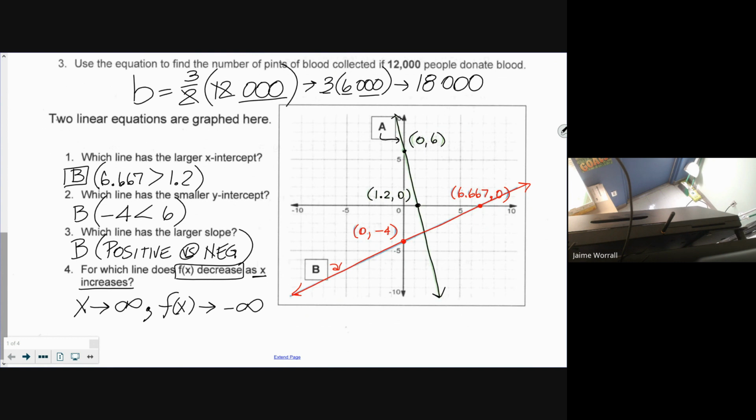Which line is doing that? Ellis, what do you say? Reading from left to right, which line is going down? Okay. As your x's are getting bigger, bigger, bigger, your y's are getting smaller, smaller, smaller. Line A, perfect.